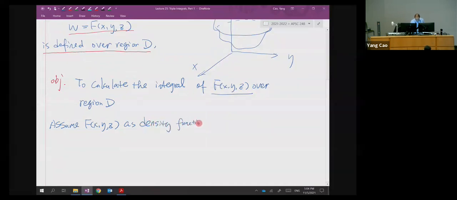So my question is to change this objective to a slightly different question: what is the mass of a solid given by region D?